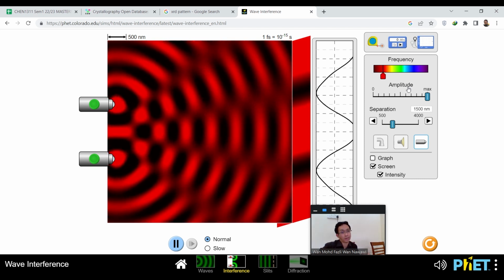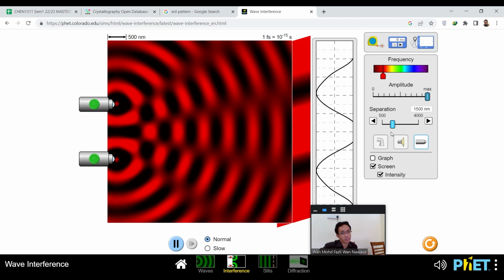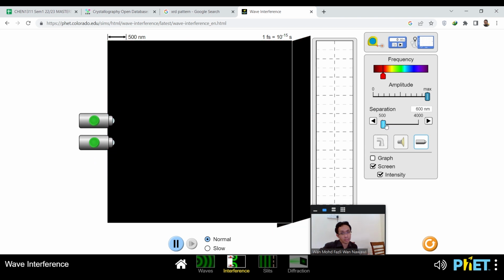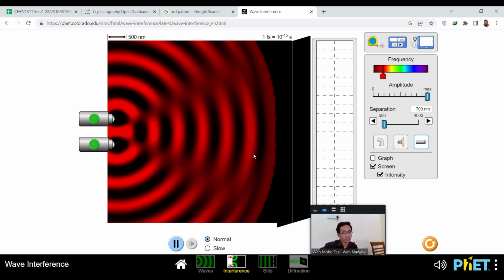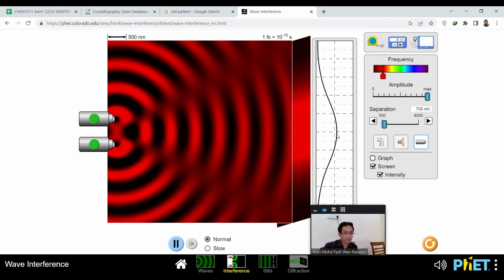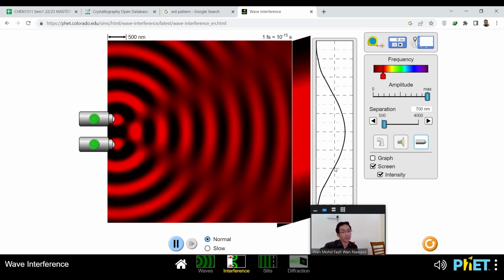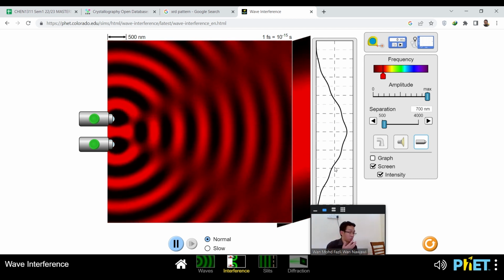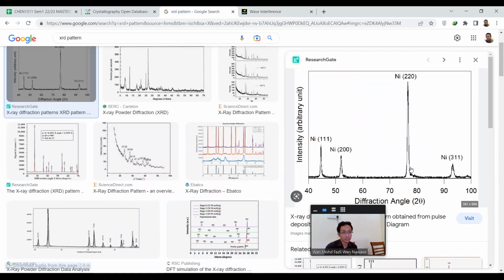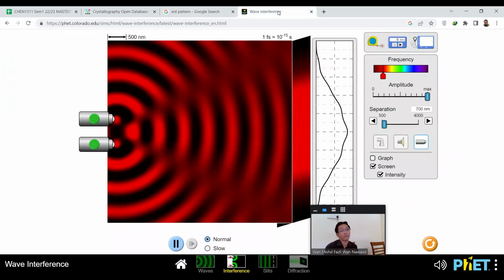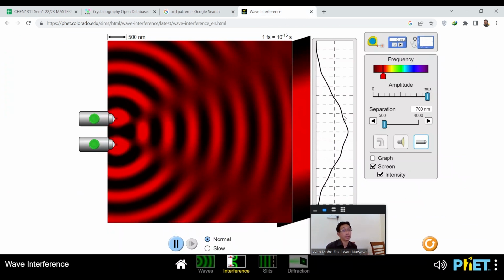You can play around with the amplitude and separation, which make a big difference, and you can see the graph is different. So whatever graph you see here comes from the interference. It's just intensity.